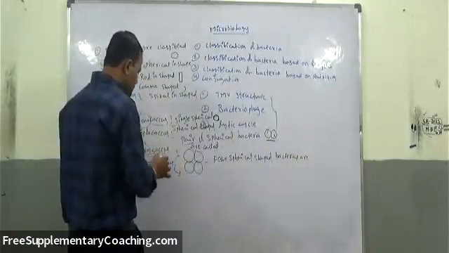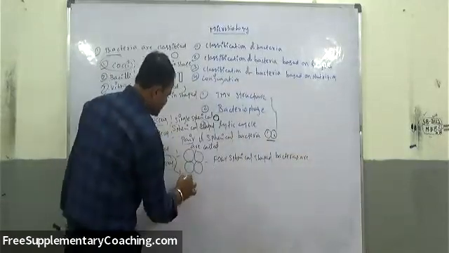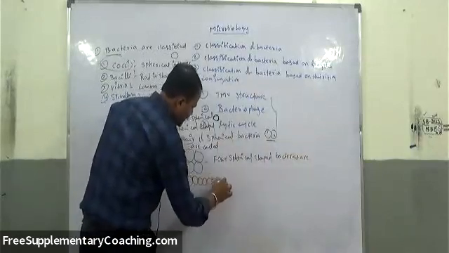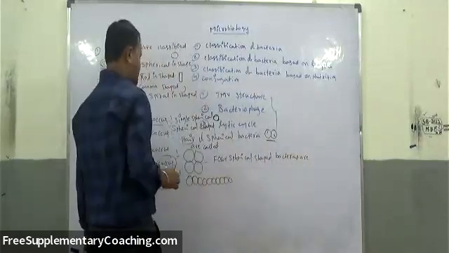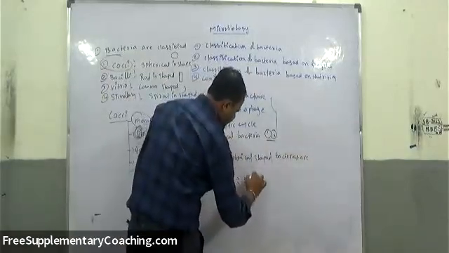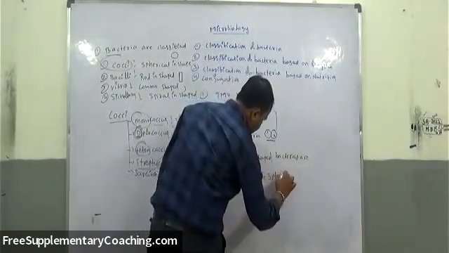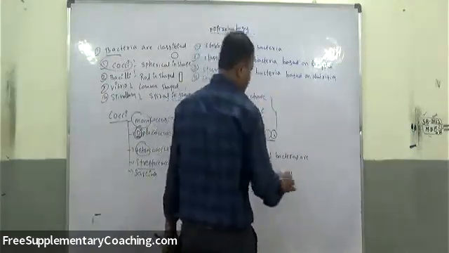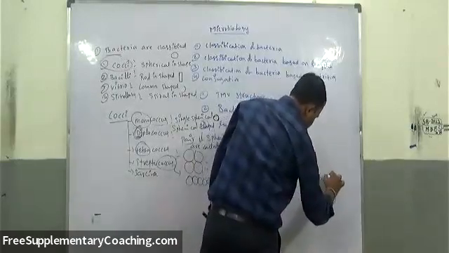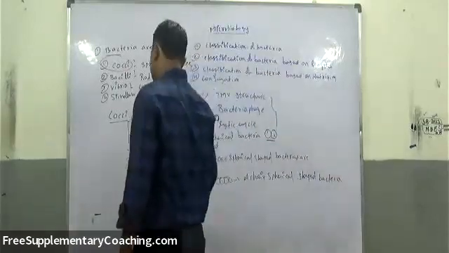Coccus means spherical. Strepto means chain. A chain of spherical shaped bacteria are called streptococcus.